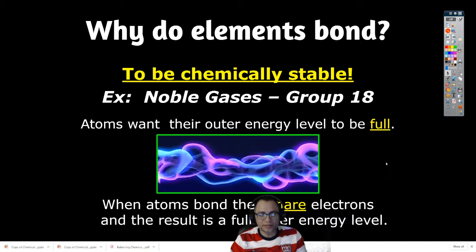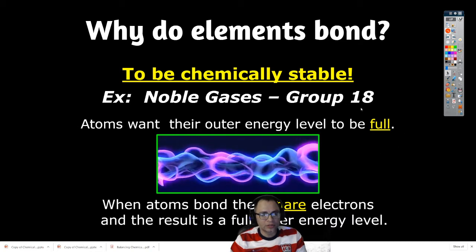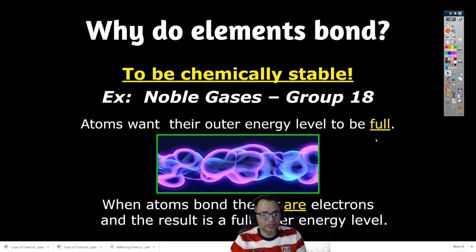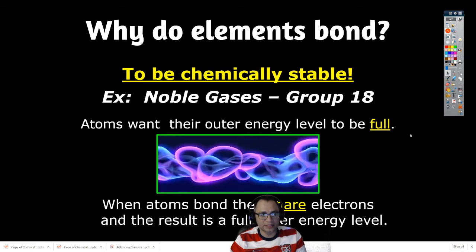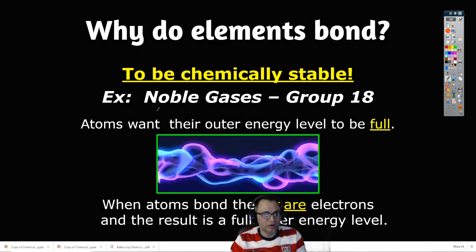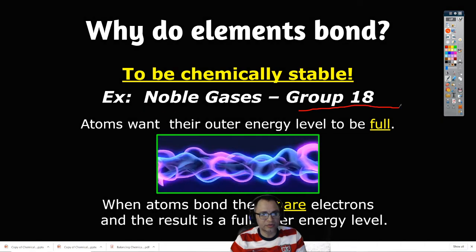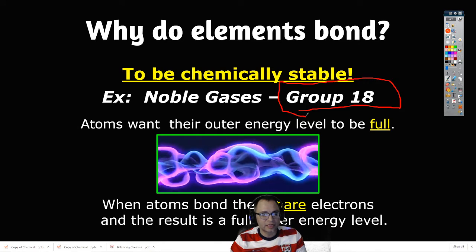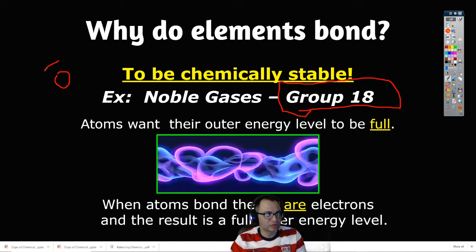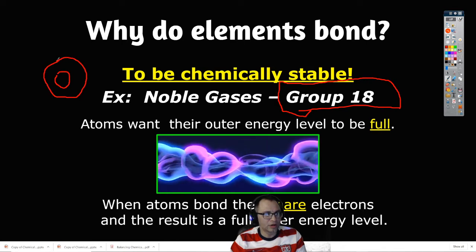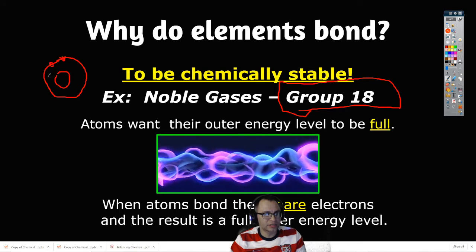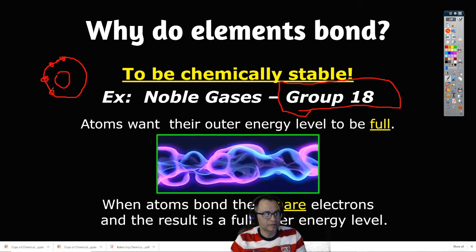So why do elements bond together? Well, ultimately, elements bond together because they're looking to keep themselves stabilized. Those elements that are naturally stable are all of those elements in the 18th group, the noble gases. The reason they're stable is because if you look at all atoms in group 18, you will find that their outer shell is completely full.